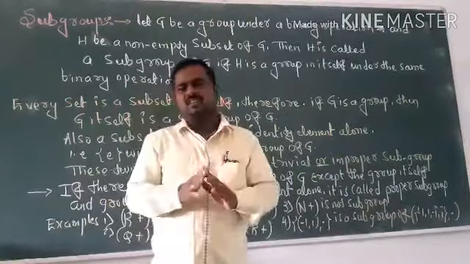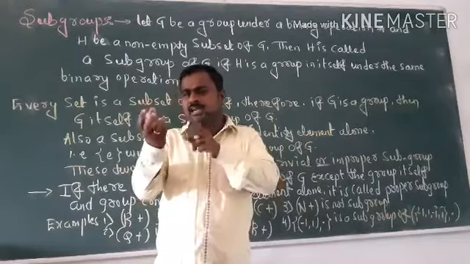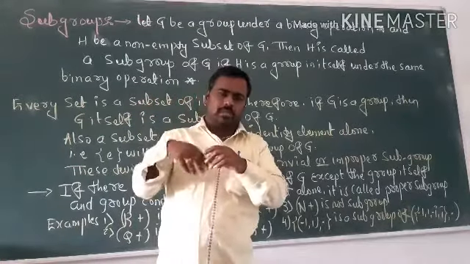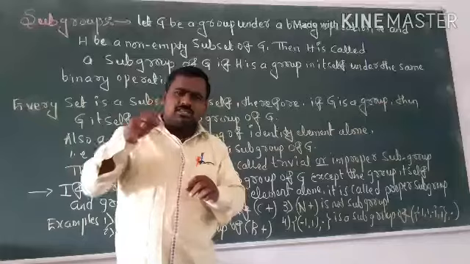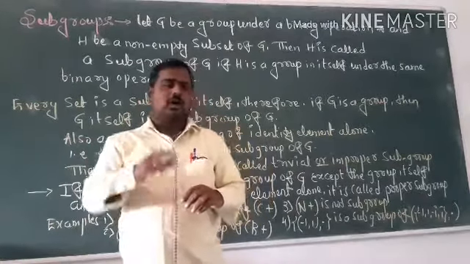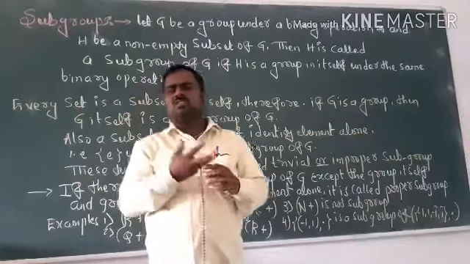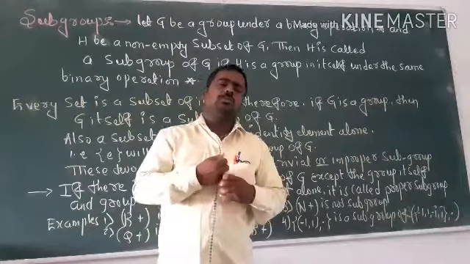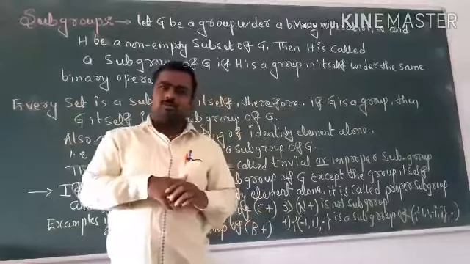So 10 numbers are there. From those 10 numbers I can take one element, or 2 elements, or 3 elements. These are known as subsets. Another definition from first year is the power set, the collection of all subsets.